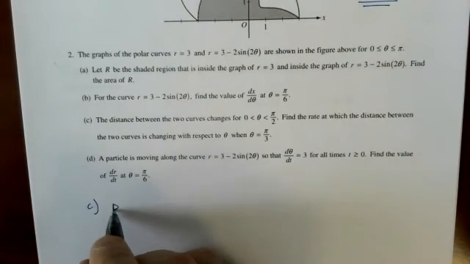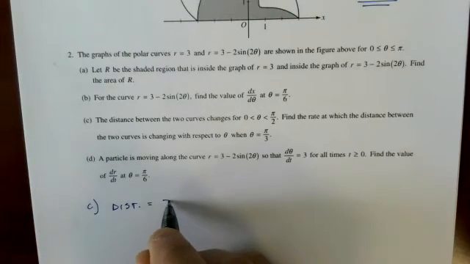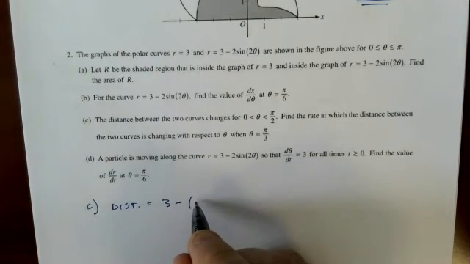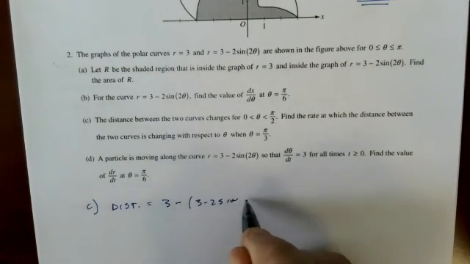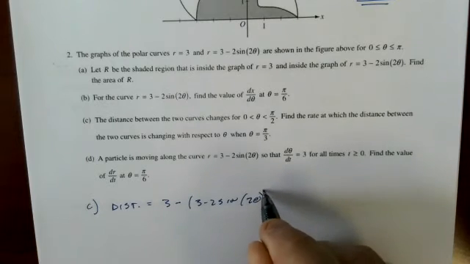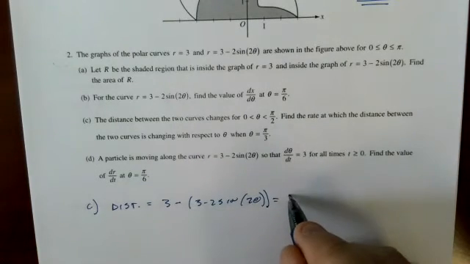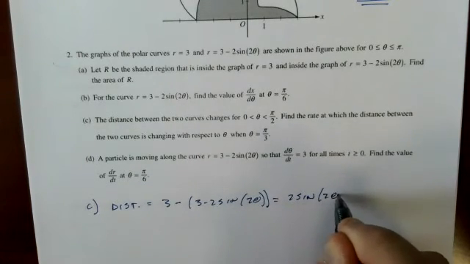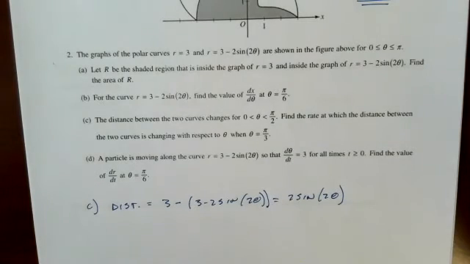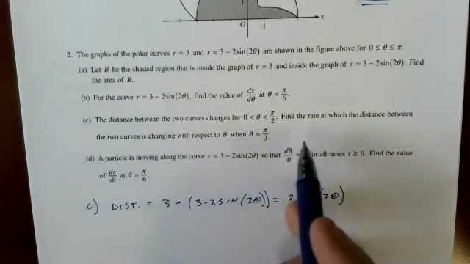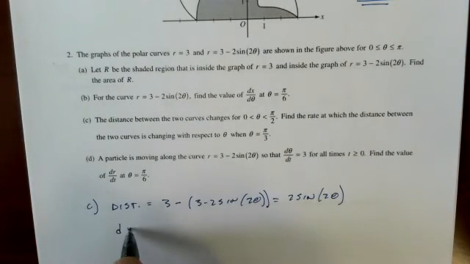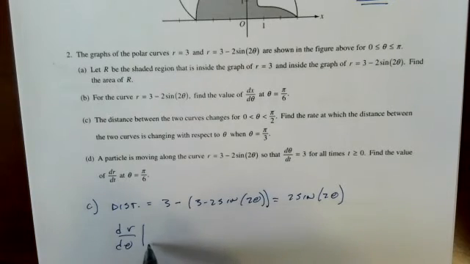So let's see, distance equals 3 minus, 2 sine of 2 theta. Weird. Find the rate at which the distance is changing when theta equals pi over 3.